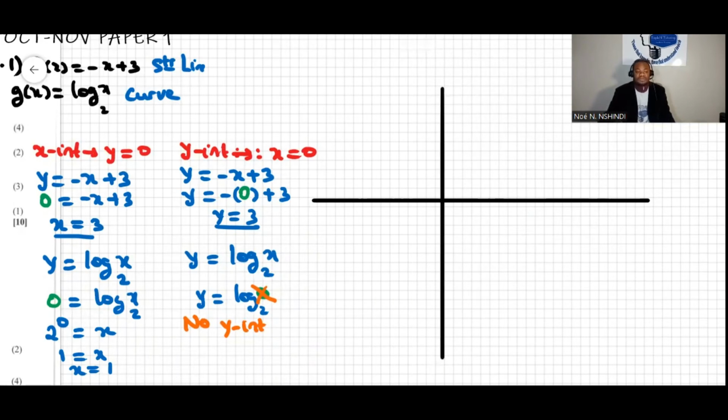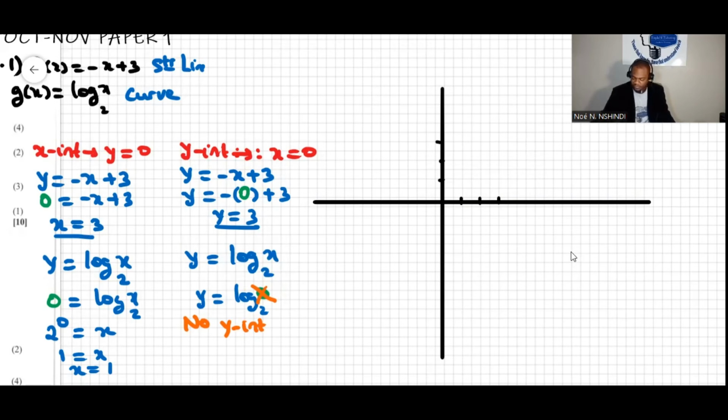Now, I know the first graph, f of x, is a straight line, and we have the intercept at 3 and 3. So count 3 units: 1, 2, and then 3 there, and same also here: 1, 2, and then 3 over there.